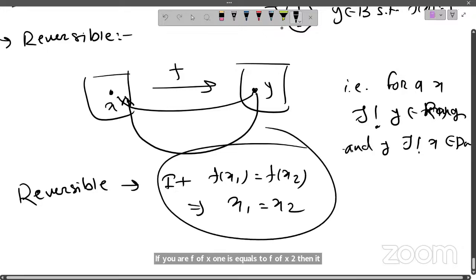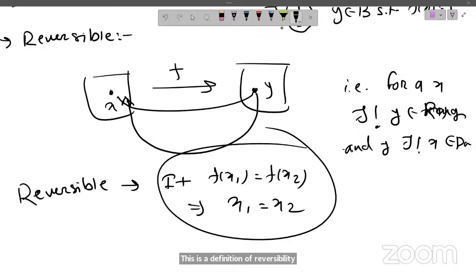This is the definition you have known, right? Reversible functions are always 1-1, because that's the meaning of reversible. Reversible means if we can take something from the domain to the codomain, we can take the same thing from the codomain and come back to the domain.